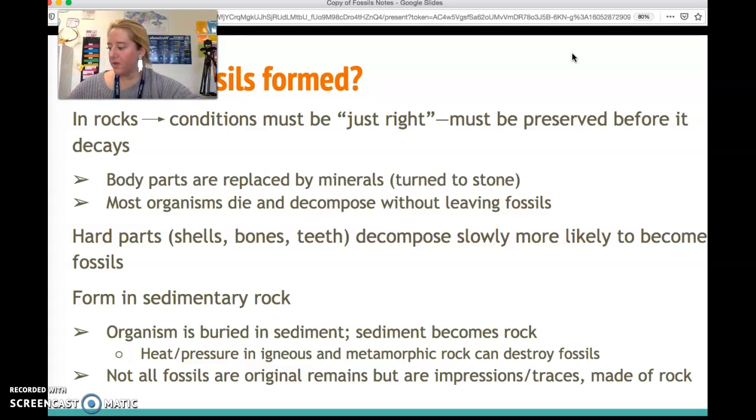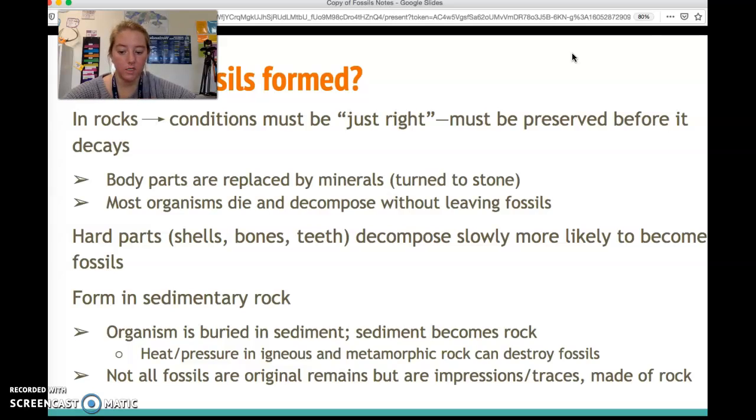They are most often found in sedimentary rocks, because of the way that igneous rocks and metamorphic rocks form. Organisms are buried in sediments and then the sediments become rock. That's how we get our fossils in sedimentary rocks.